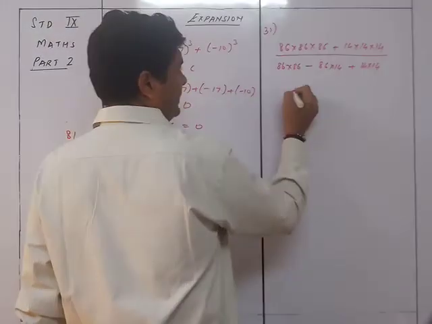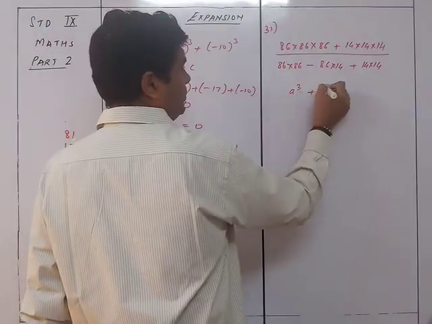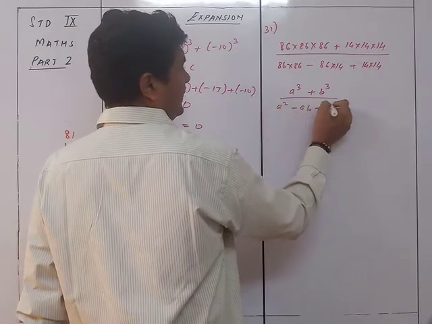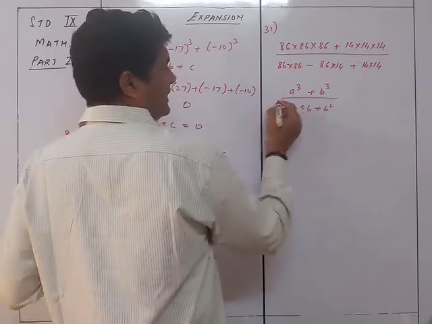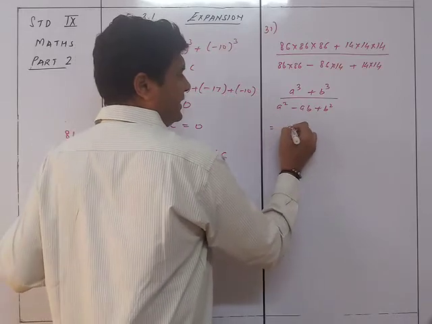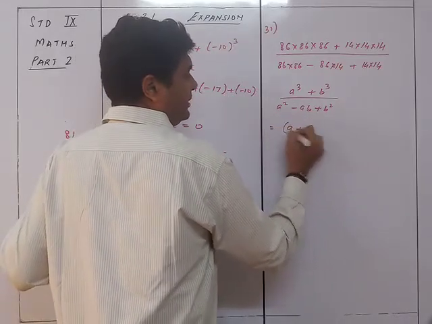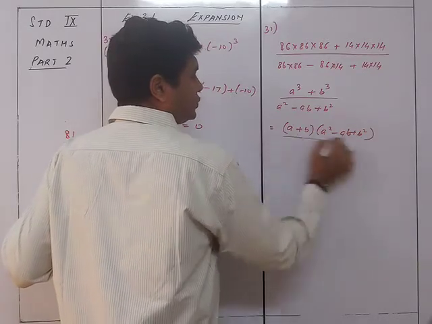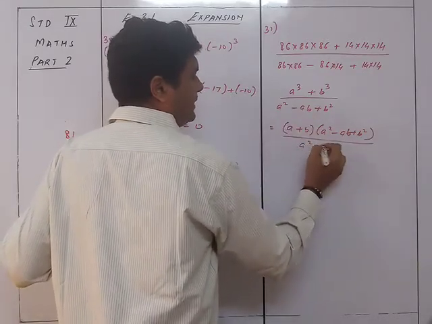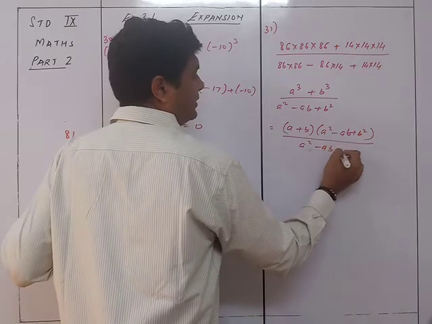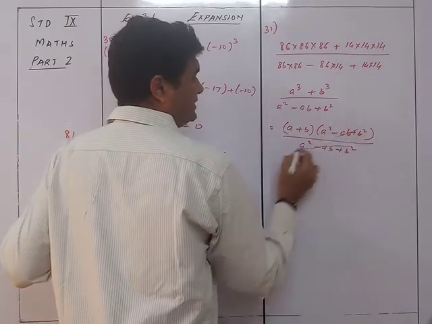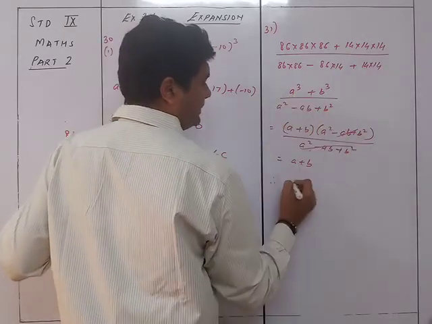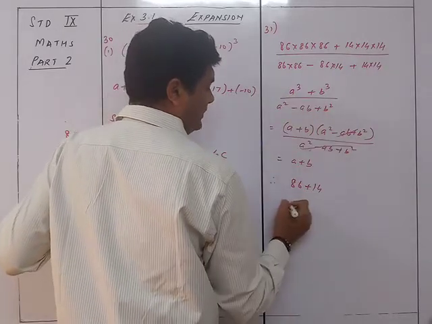This is nothing but a cube plus b cube upon a square minus ab plus b square. You know very well that a cube plus b cube is given as a plus b times a square minus ab plus b square. So this gets cancelled and it is equal to a plus b. Therefore the whole thing is nothing but 86 plus 14, which is equal to 100.